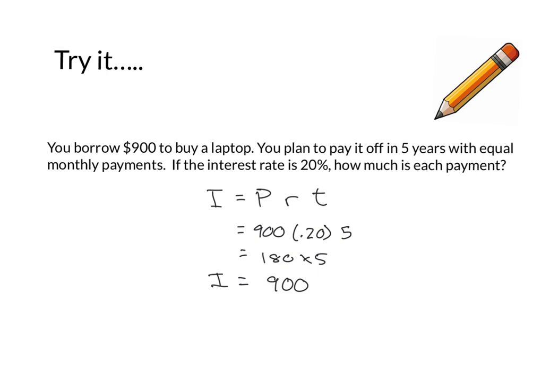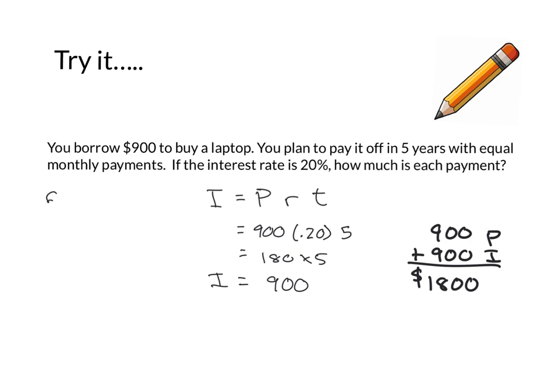So that means over the course of 5 years, you bought a $900 laptop and you're going to pay $900 in principal plus another $900 in interest for a total of $1,800 for a laptop. You're paying double for a laptop by paying 20% interest.